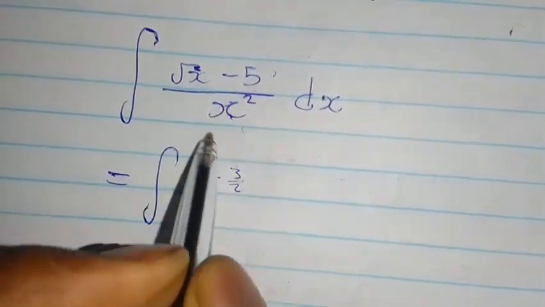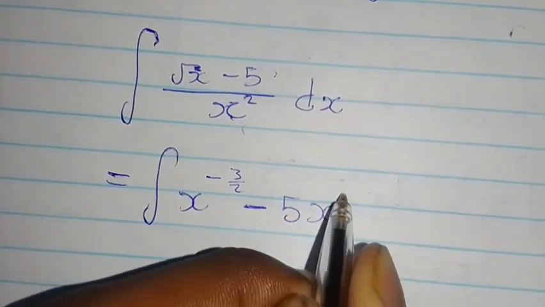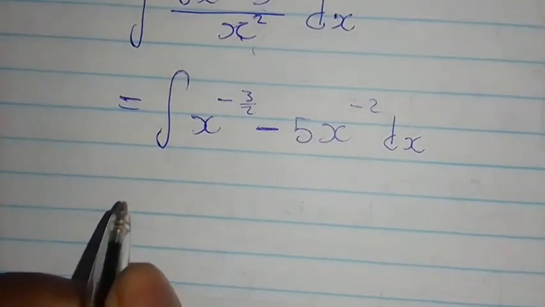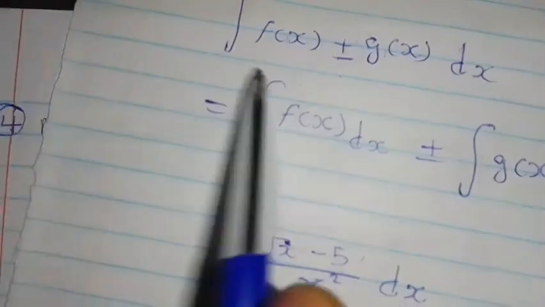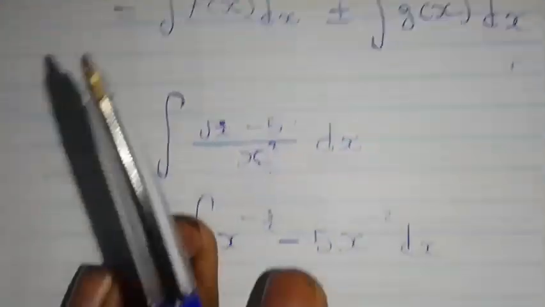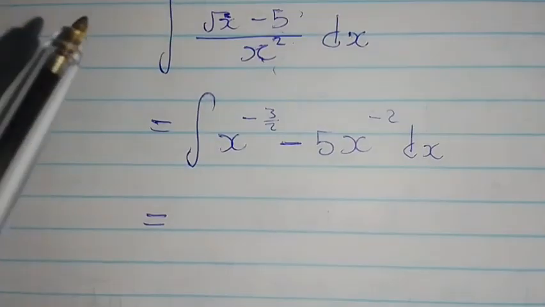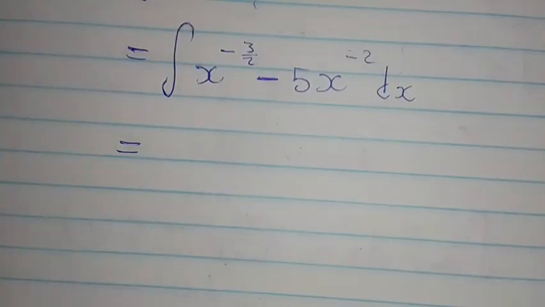Now minus 5 divided by x squared will be the same as minus 5 x to the power minus 2 dx. Now you're going to apply this. Or you can just integrate. It doesn't really matter if you apply it or not, so long as you know what you're doing.